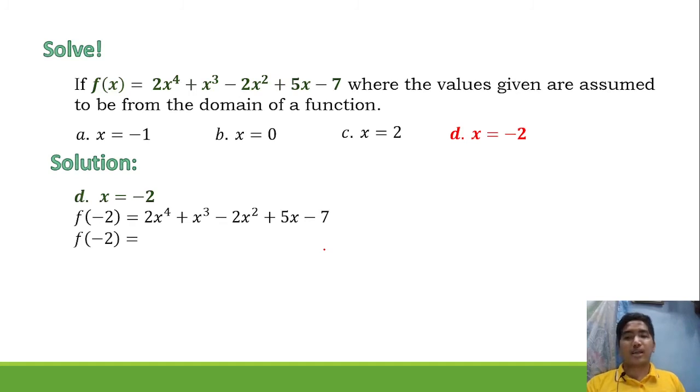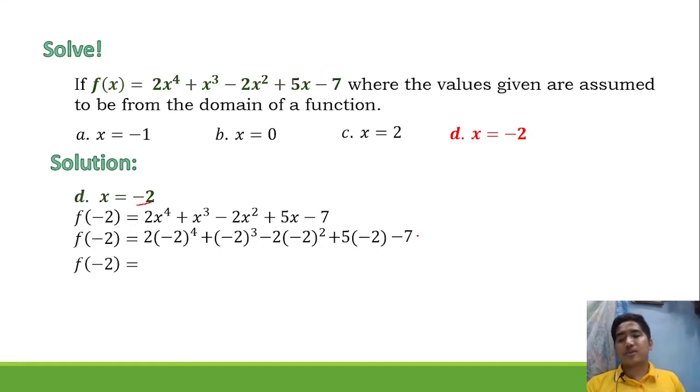We have f of negative 2 is equal to 2 times, ano yung value ng ating x? That is negative 2. So we have 2 times negative 2 to the fourth power plus negative 2 cubed minus 2 times negative 2 squared plus 5 times negative 2 minus 7.